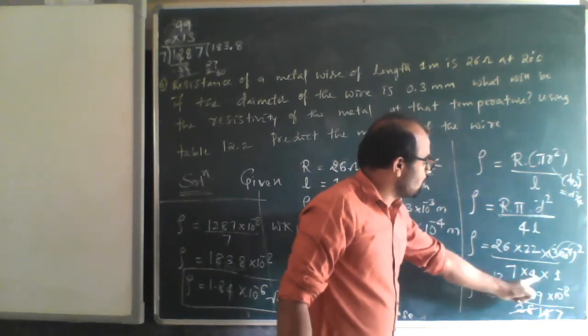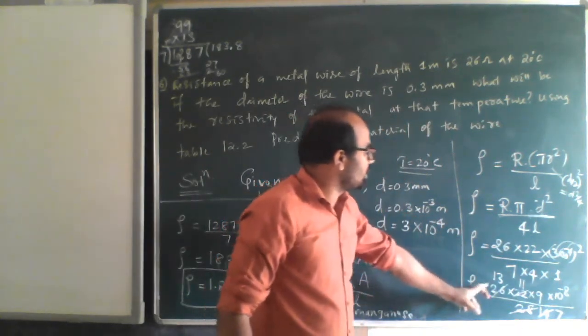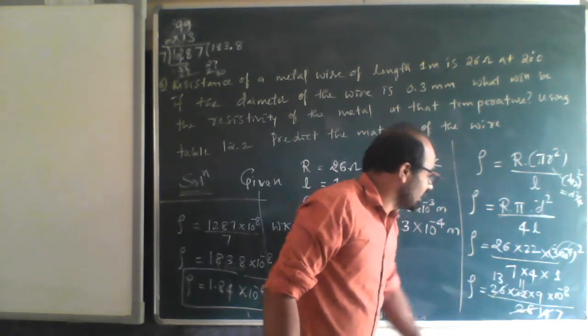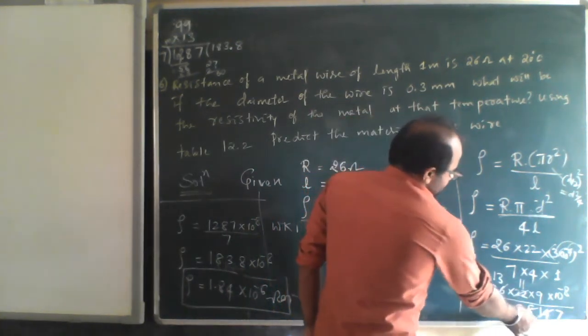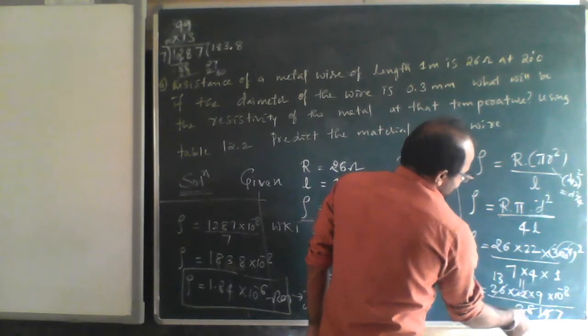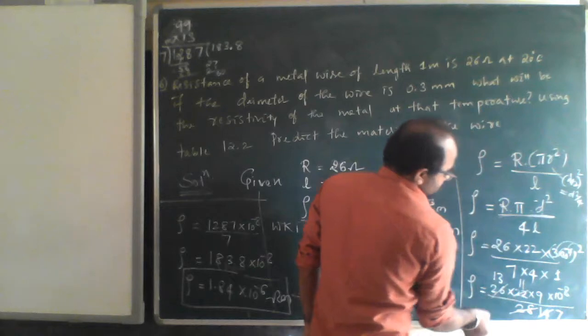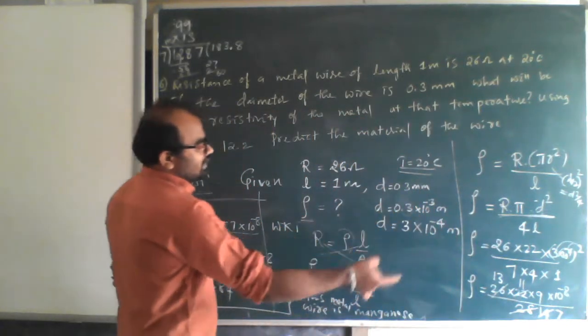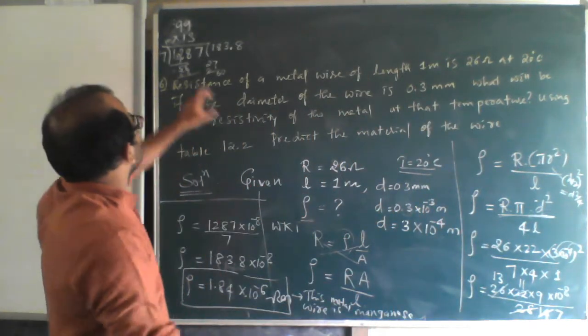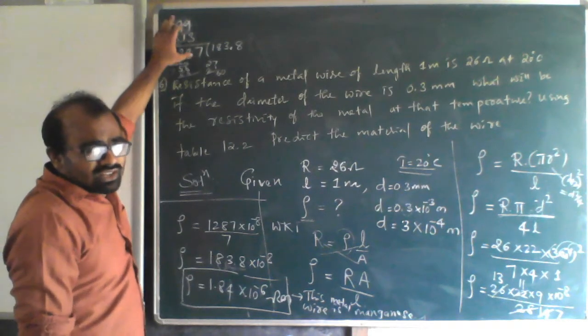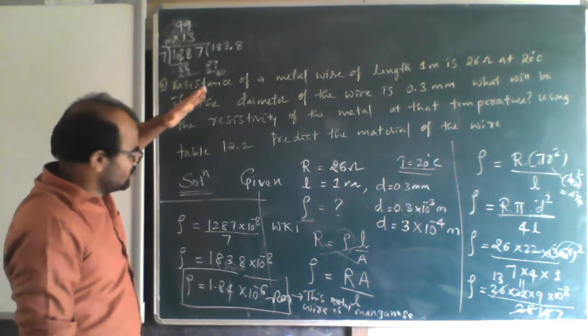So 7 is there, 4 into 1. So if you take 26, 22, 9, 10 to the power minus 8, 7 4s are 28. Now cancelling, 2 14s are 2 11, 2 13s are 2 7s are 2 11s are 30 into 11 into 9. 11 into 9 becomes 99. So I multiplied 13 into 99 here. Don't write this, you do it on the other side, continue.